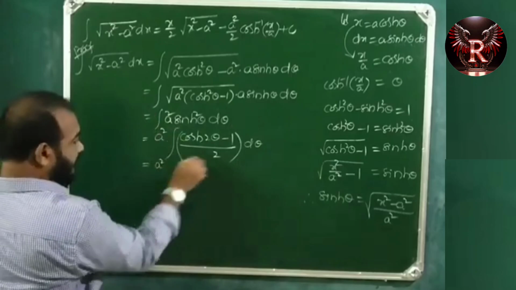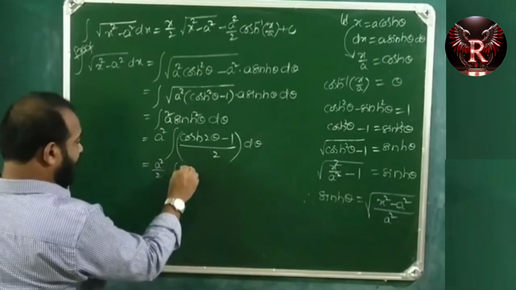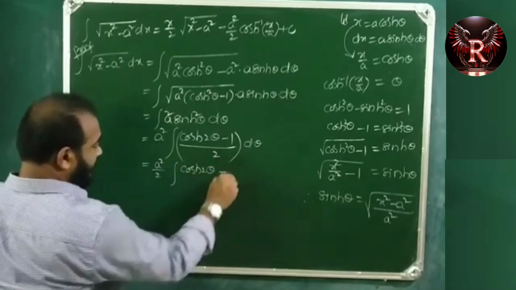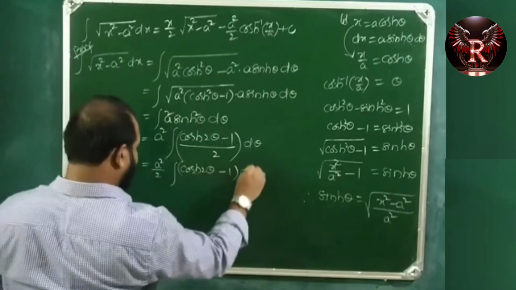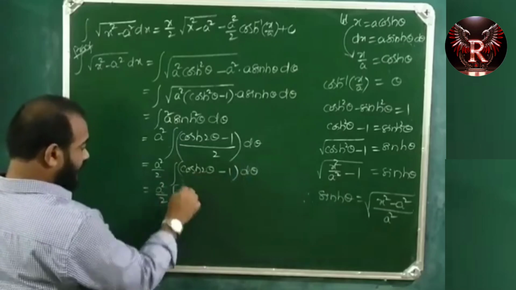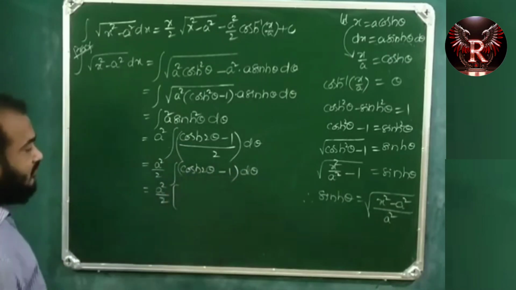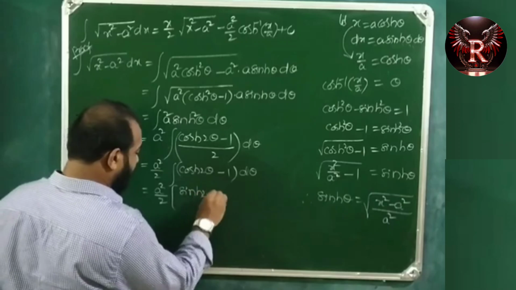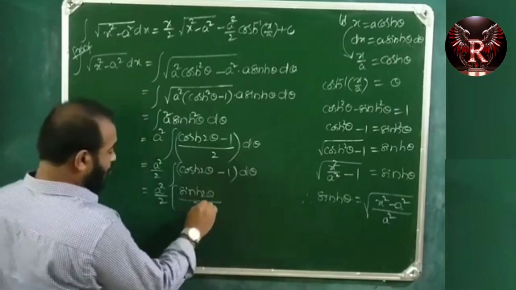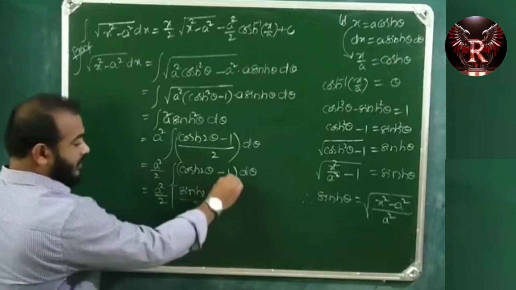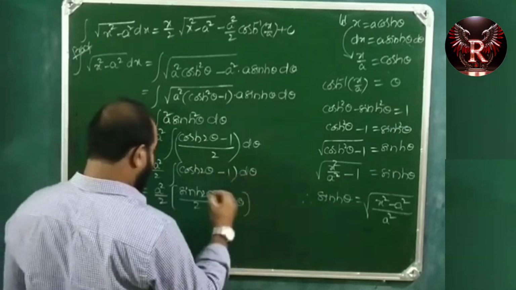So a square by 2 also I'll take outside, integral of cos h 2 theta minus 1 d theta. A square by 2 times integral of cos h 2 theta is sin h 2 theta by 2, minus integral 1 d theta is theta.